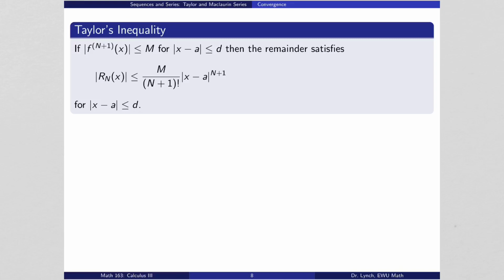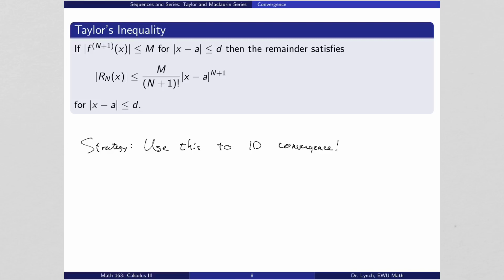It's a convenient way to bound that nth remainder term. It says that if the n plus first derivative is less than or equal to some constant M, then the remainder is less than or equal to that constant M divided by n plus 1 factorial times the absolute value of x minus a to the n plus 1 power.